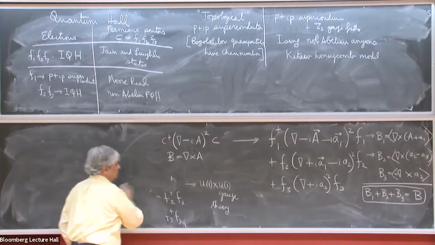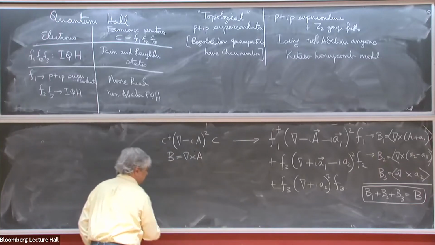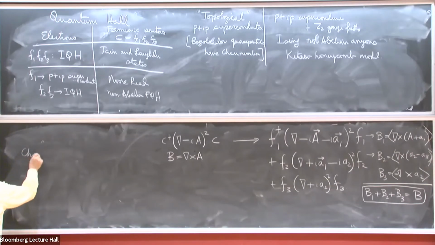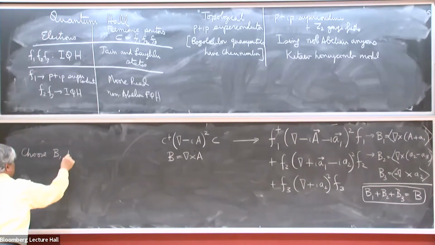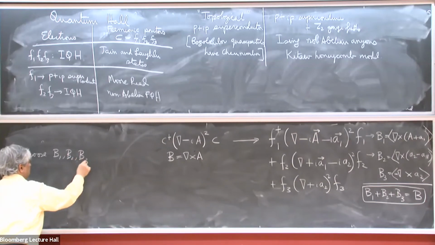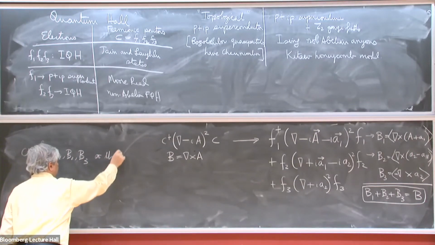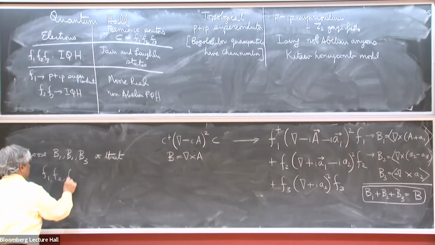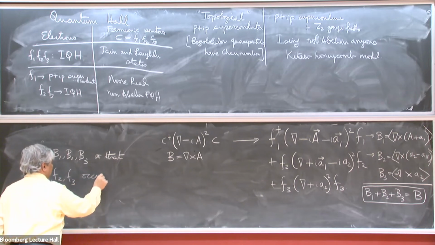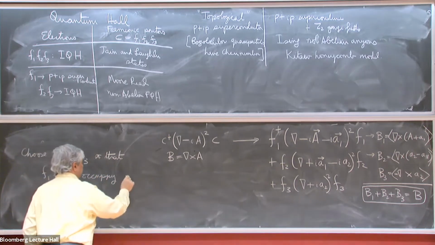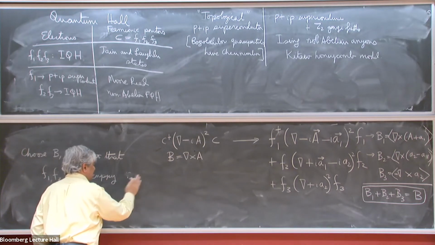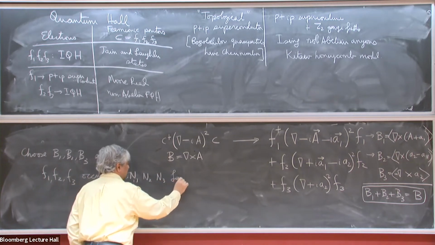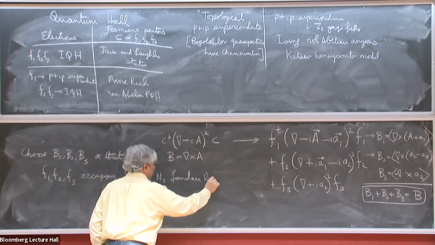So now what do I have to do? I want to choose B1 and B2 and B3 so that F1, F2, F3 occupy N1, N2, N3 Landau levels.